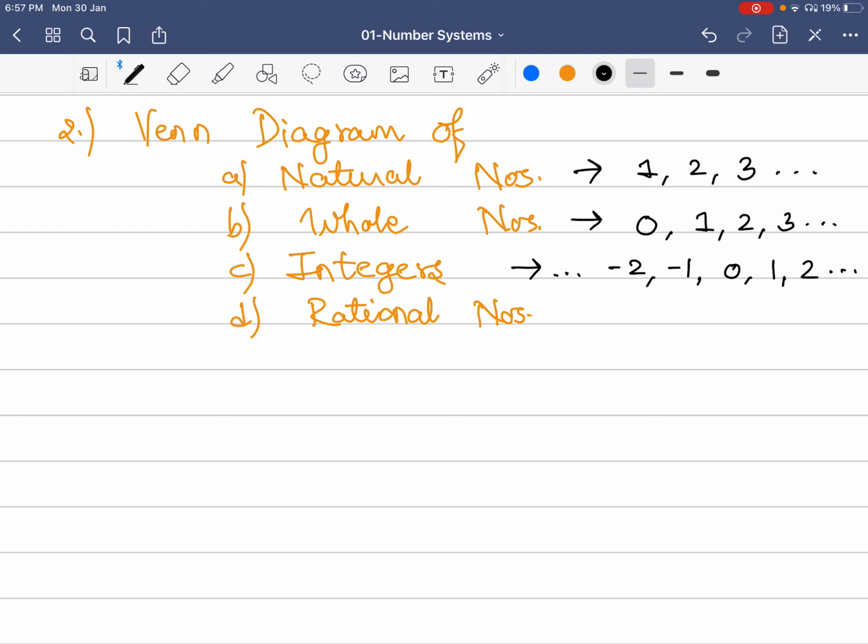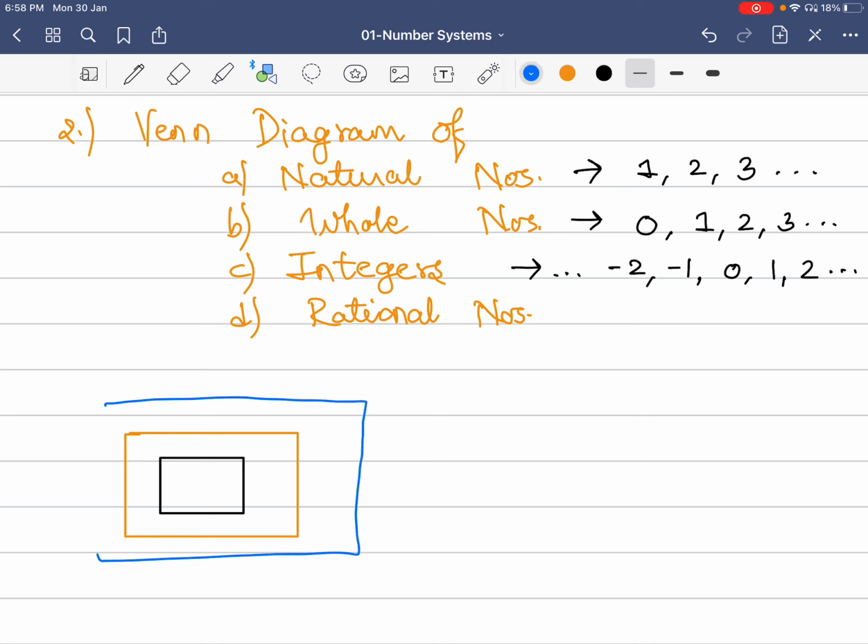So first let's represent these 3 sets of numbers using a Venn diagram. Let's say this small rectangle is the natural numbers. If you add 0 to it, this becomes the set of whole numbers. And then additionally, if you add the negative numbers, this becomes our set of integers. In fact, I'm going to give the names. So this is our natural numbers.